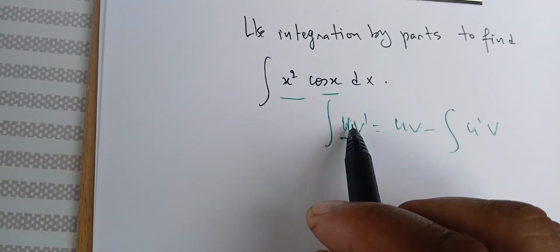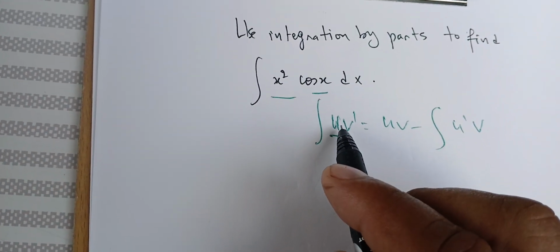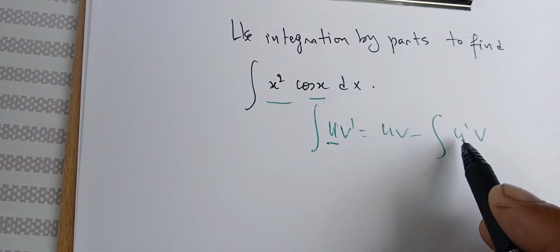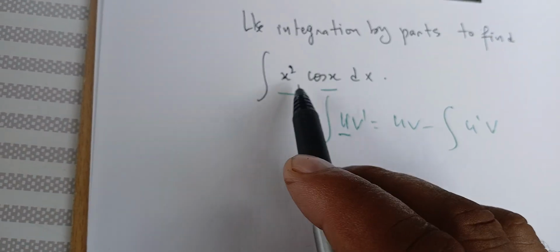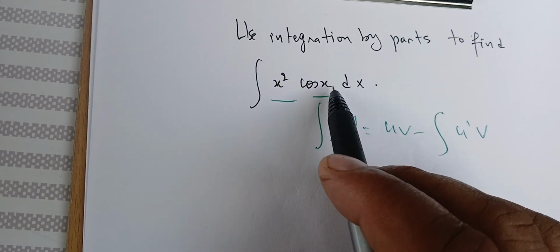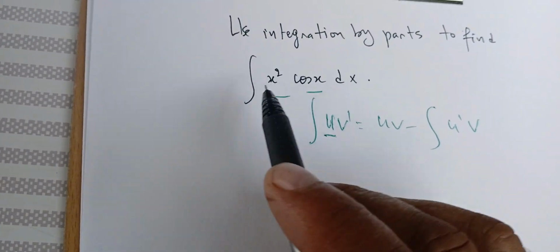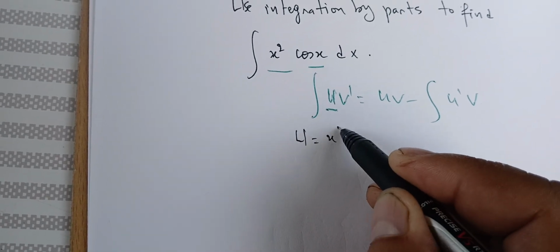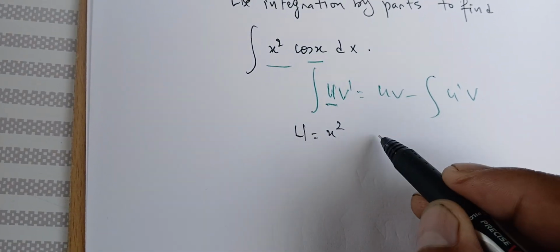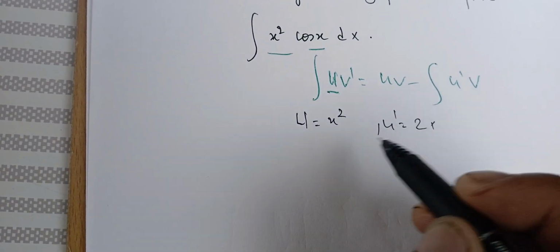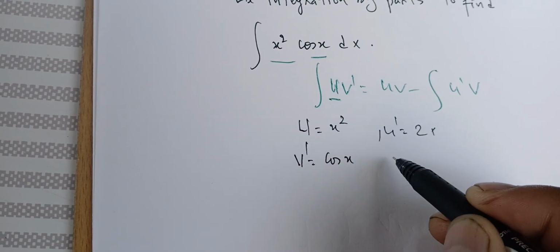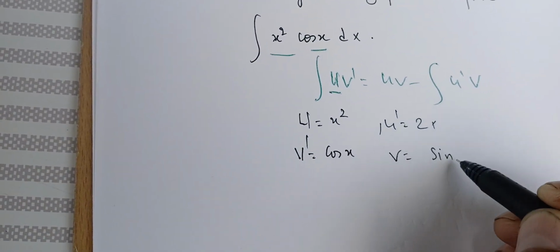In our case here, the best option is to choose the function that we differentiate as the one that will disappear from the integral, the x squared in our case. So if we choose u as x squared, then u prime is going to be 2x. And if we choose v prime as the cosine, then v is going to be the sine.